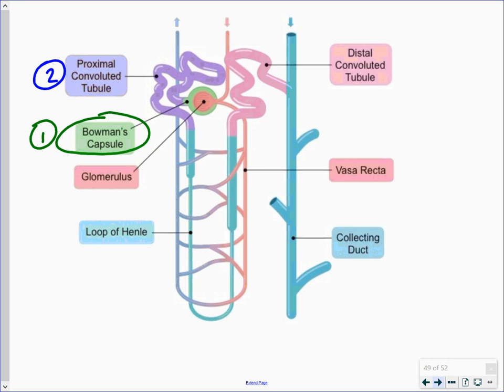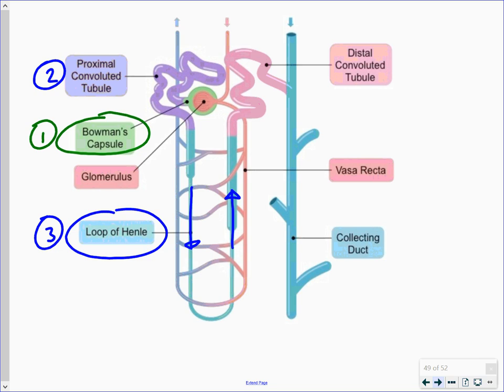From there, this is going to be in the renal cortex, but then it's going to drop down into the medulla. As it drops down into the medulla, this loop that we see here that initially goes down is called the descending portion of the loop. And then this portion here is the ascending portion of the loop, and this is the loop of Henle. So that is the third region of the nephron.